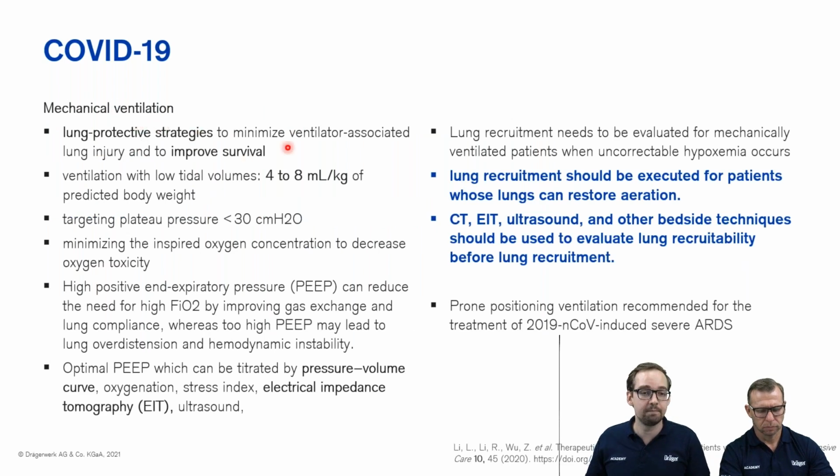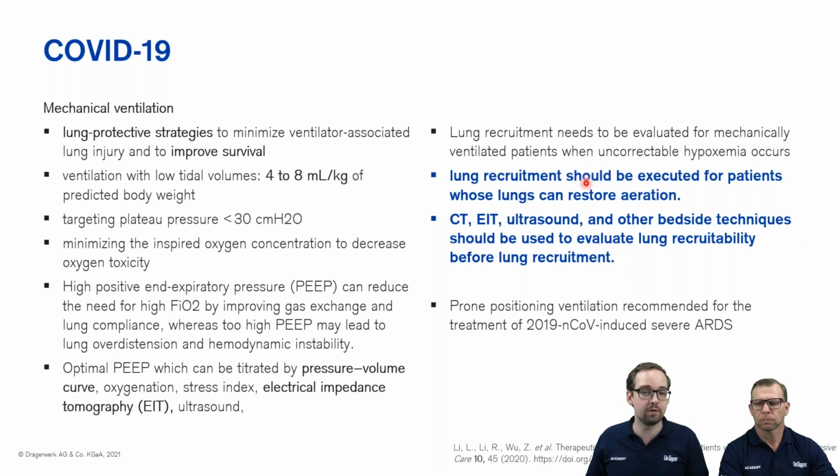I think many of these things we have already mentioned before: limiting tidal volumes to 6 ml per kilogram ideal or predicted body weight, looking at plateau pressures, optimizing FiO2, looking at optimizing PEEP with different tools that we will mention later as well, but specifically mentioning lung recruitment.